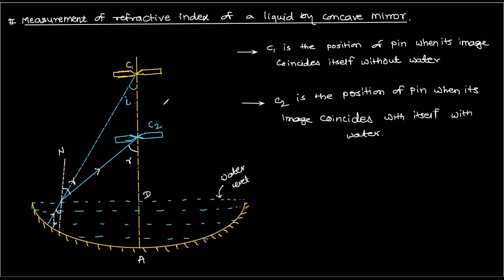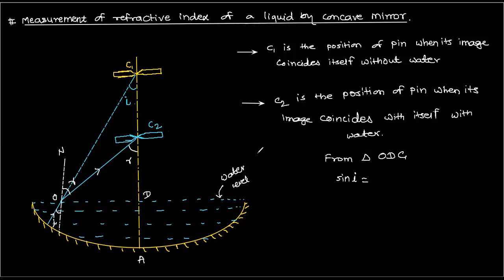Now in triangle ODC1, from triangle ODC1 you can see O, where is O? This point is O. Okay, ODC1. In this triangle, sine of I is equal to what? Opposite by hypotenuse.